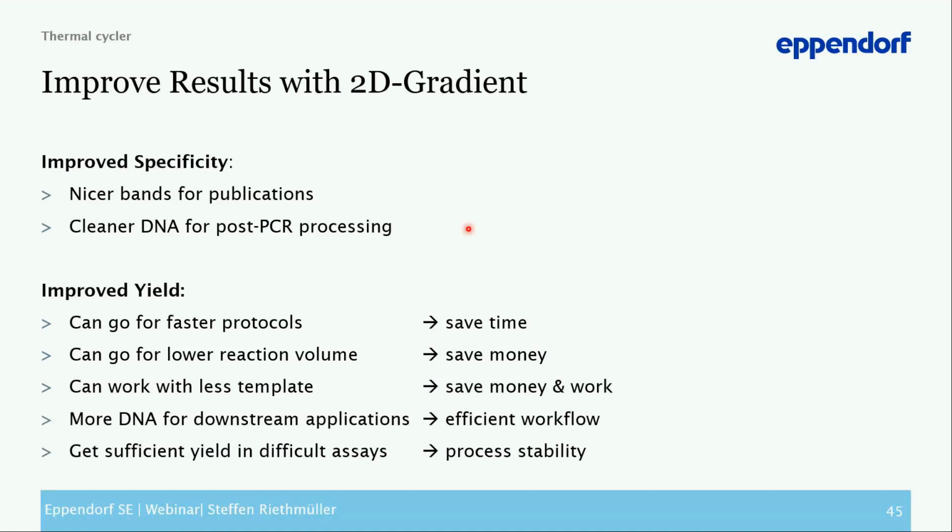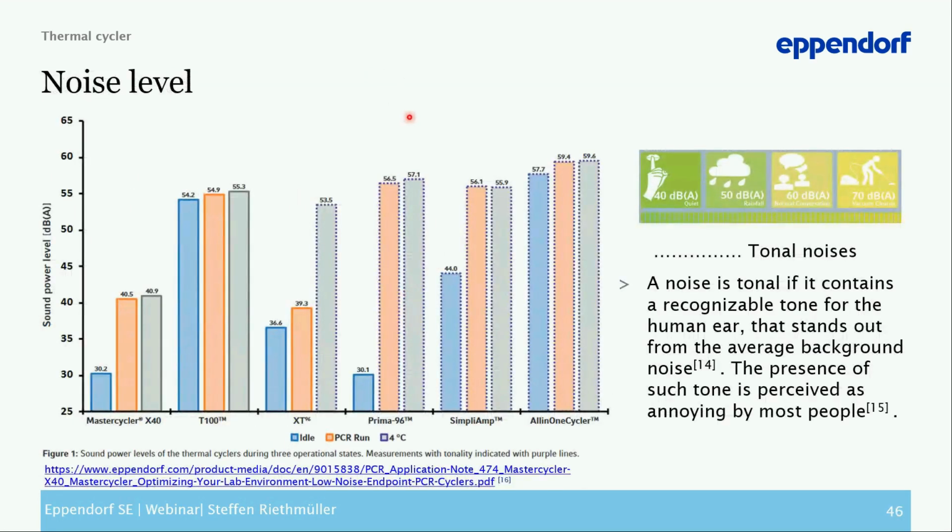You can work with less template if you want, and you also have more template for downstream applications if this is needed, especially if you're working with very difficult assays, then sometimes it makes sense to have a high concentration of DNA for the further steps.